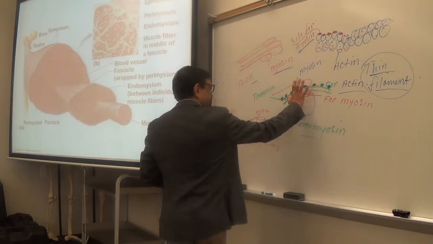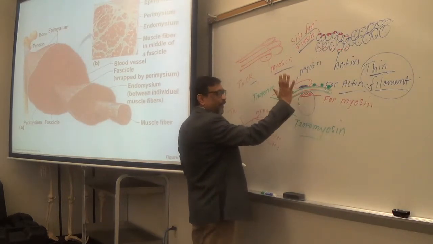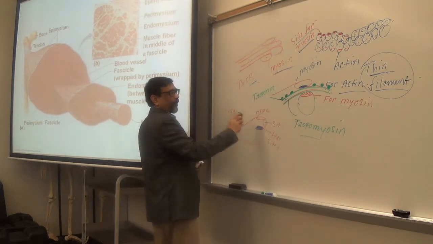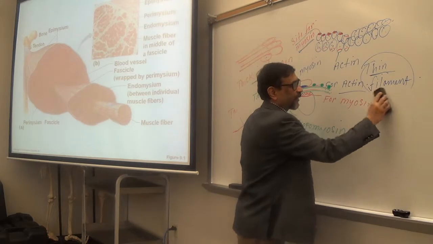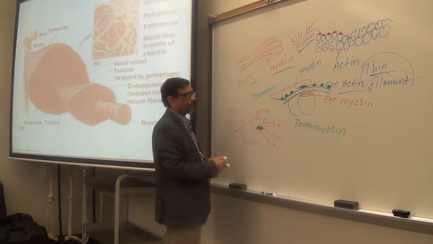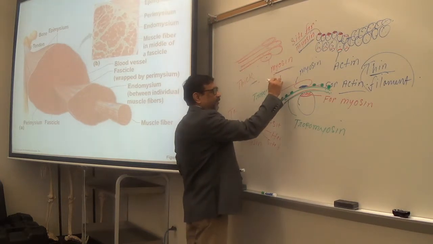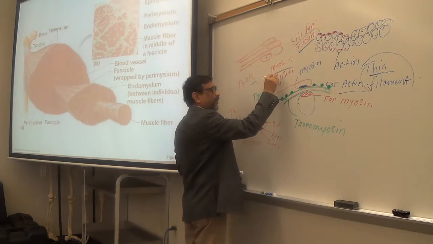Okay. Now, this is in relaxed condition. Your muscle is in relaxed condition. Now, when the muscle contraction starts, before that what happens? Calcium is released. Calcium ion, very important for muscle contraction. Without calcium, muscle contraction will not occur, okay?